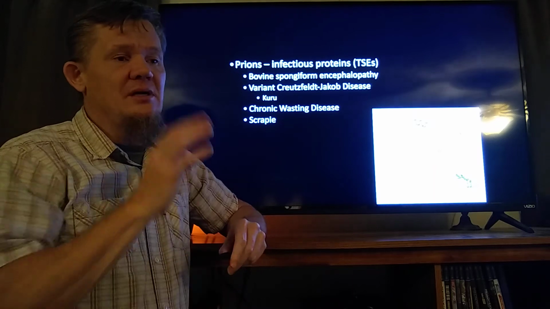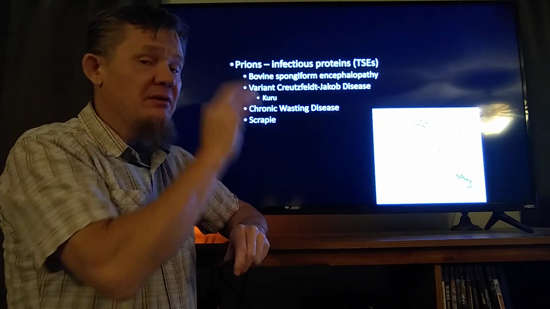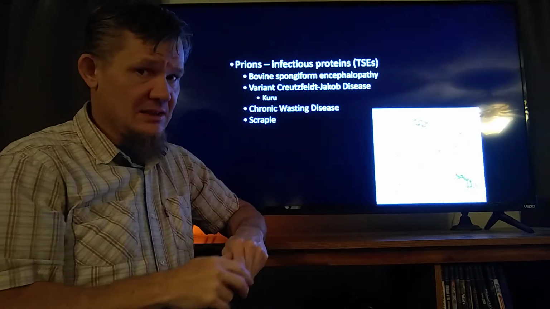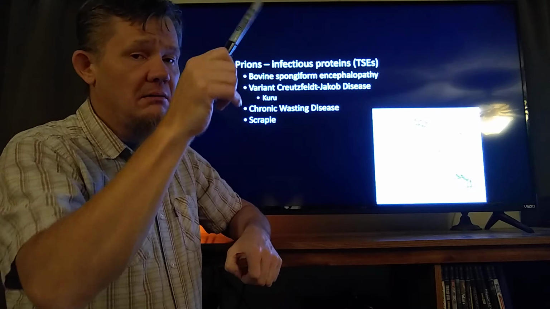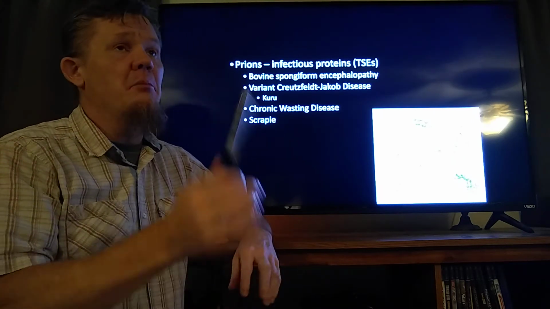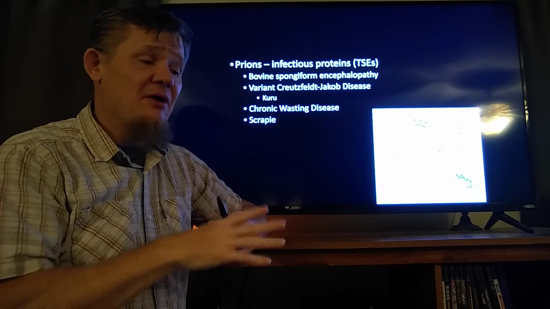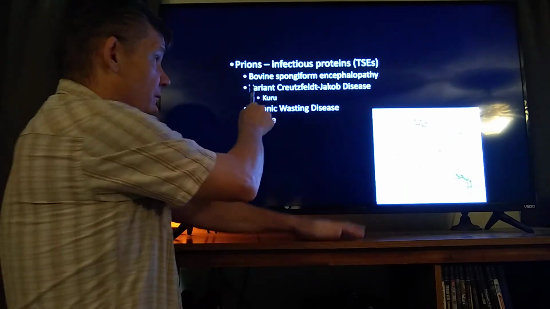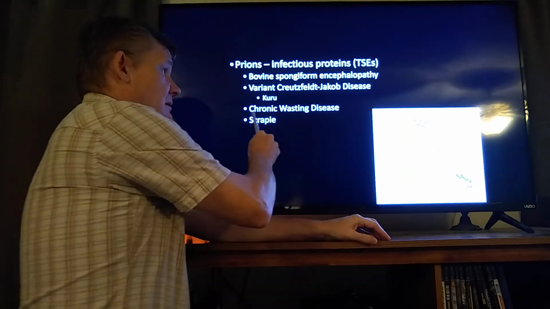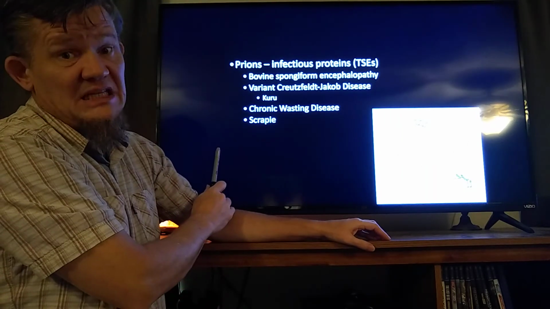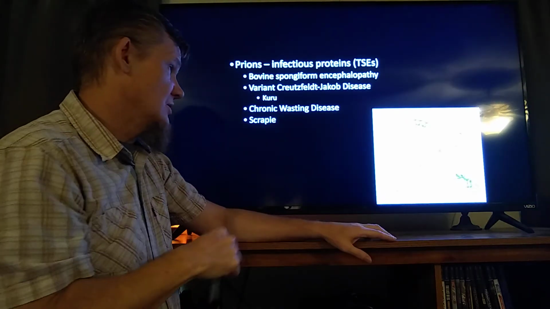There's actually a website you can go to that tracks what counties deer have been found that have chronic wasting disease. And if you eat contaminated matter, brain and spinal cord predominantly, yes, you can get variant Creutzfeldt-Jakob disease from eating tainted deer, generally not meat. Generally talking about brain and spinal tissue.